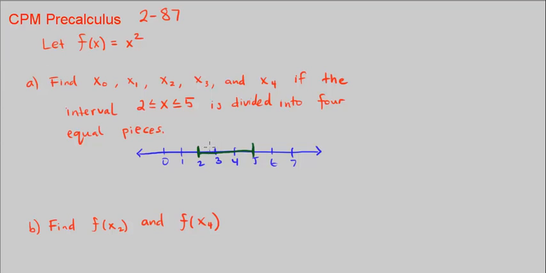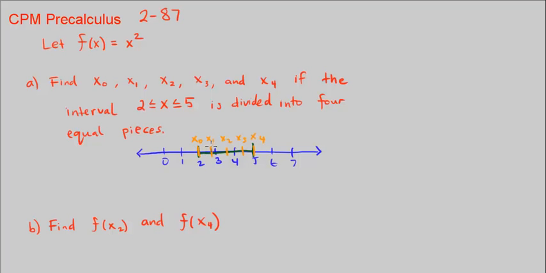Starting here to here, right now if I do this, it's 3 pieces. So I need to divide it into 4 equal pieces, so it's going to have to be something more like this. Then x sub 0 is here, x sub 1, x sub 2, x sub 3, and x sub 4 is there.